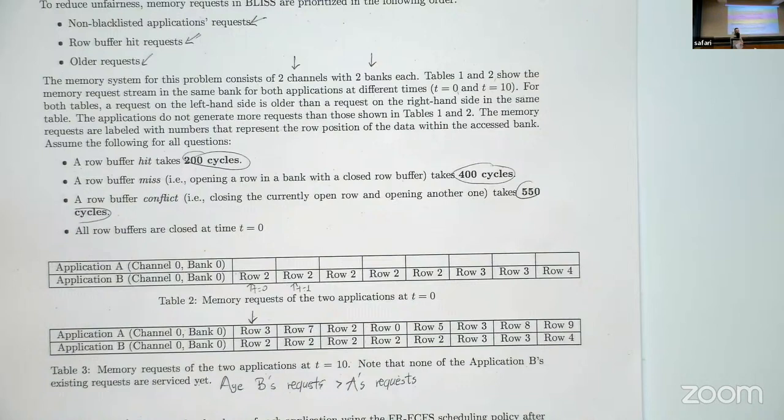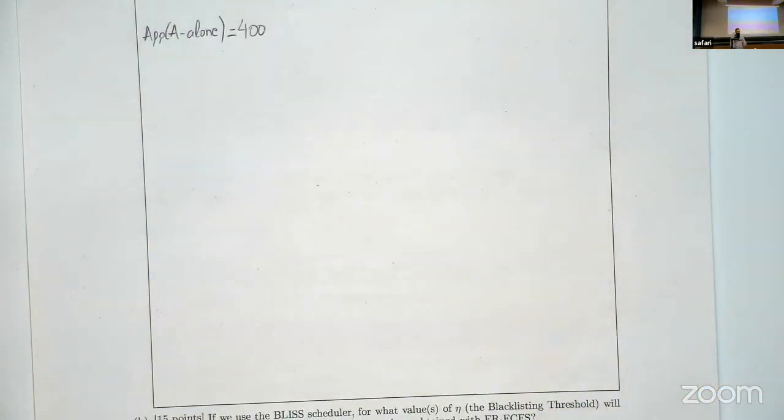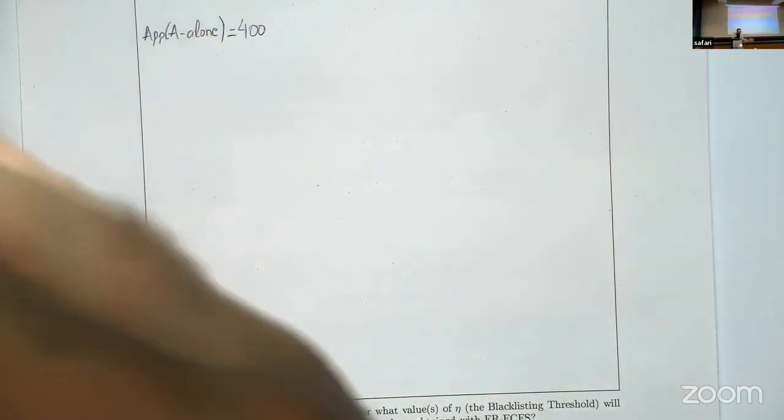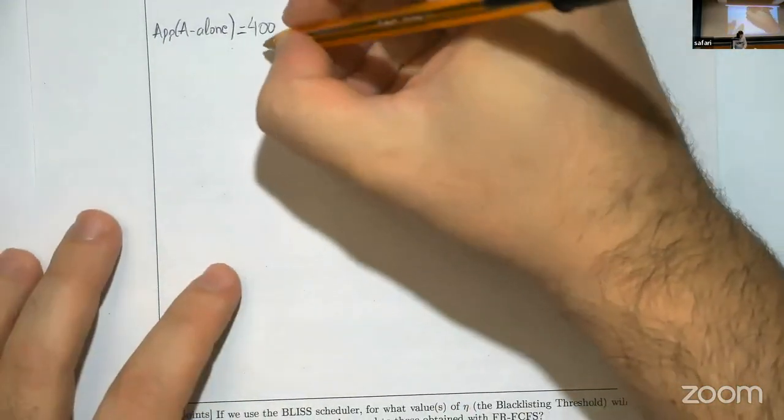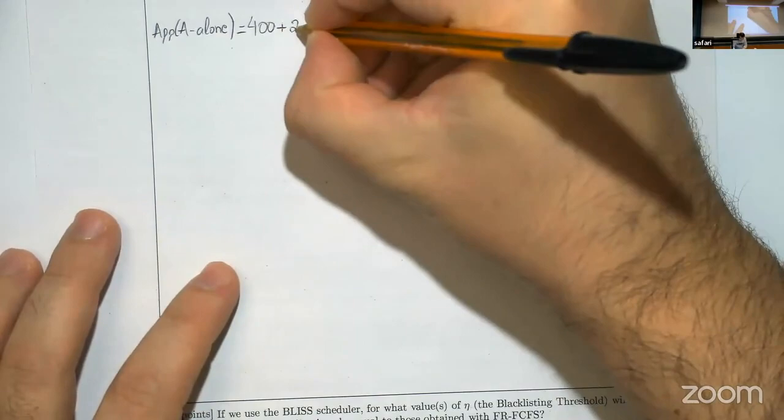That's a trick, so you just don't go to 7. Yeah, then we do row 3 first. Correct. Because, as I said, it's first ready, first come, first served. That's why it's tricky when you do the alone calculation, because you need to imagine that you have a queue with visibility of the full state, and then you serve requests in first ready, first come, first served order. Which means that, as you said, it's 200 cycles, it's a hit for row 3.